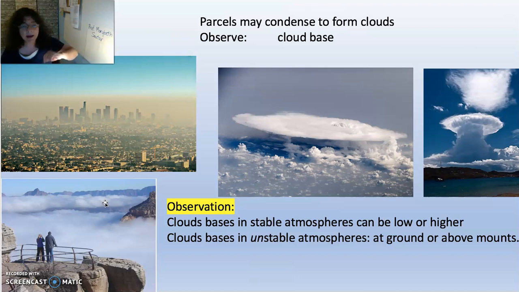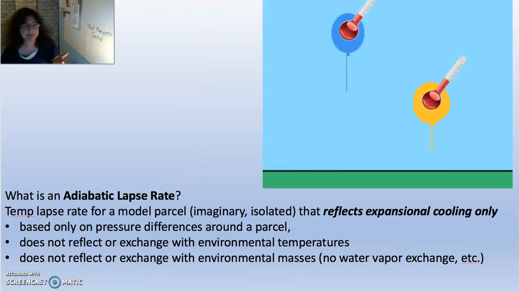We can calculate that. In an unstable atmosphere, you can also have different altitudes for a cloud base. This huge cloud in the unstable atmosphere is closer to the ocean surface. This cloud starts above a mountain surface. So cloud base information is critical for predicting weather, and it's critical for pilots.